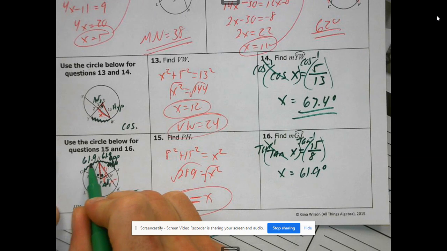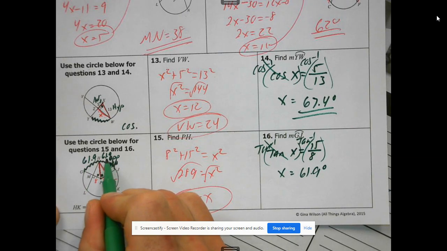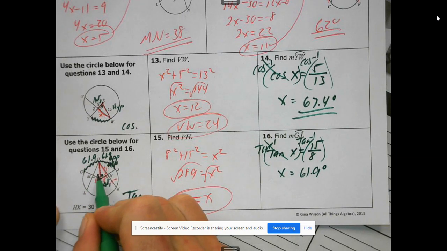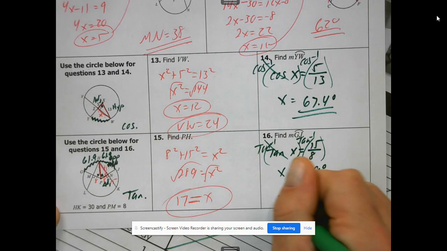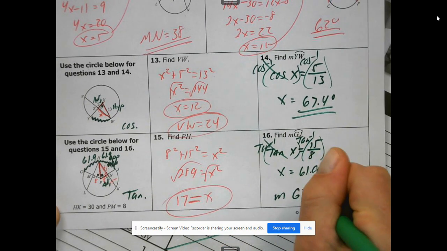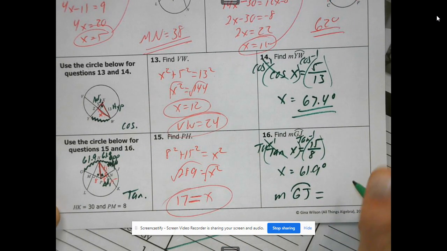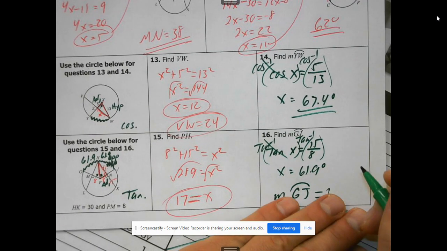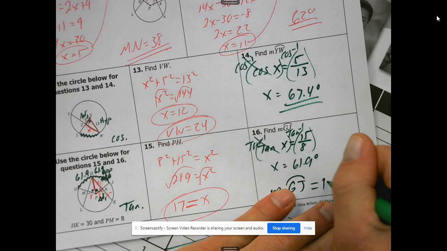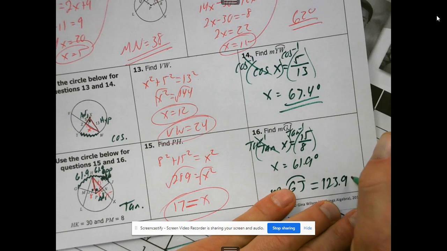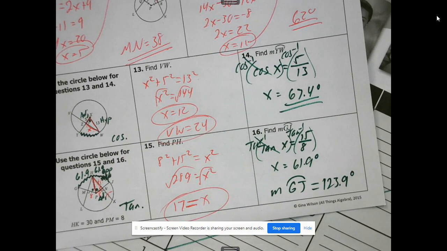So if I take 61.9 plus the 61.9, I will have this guy right here. And that comes out to be, measure of arc GJ is, add them up, 123.9 approximately. That is it for congruent arcs and chords.